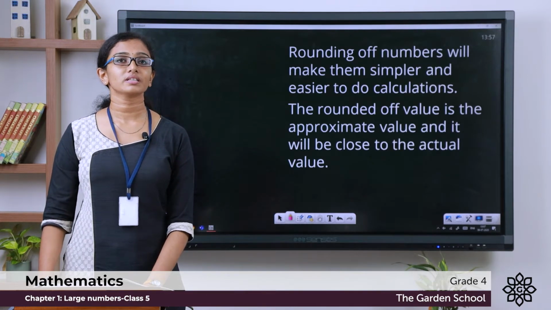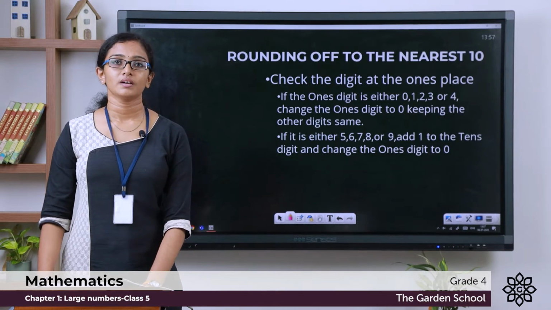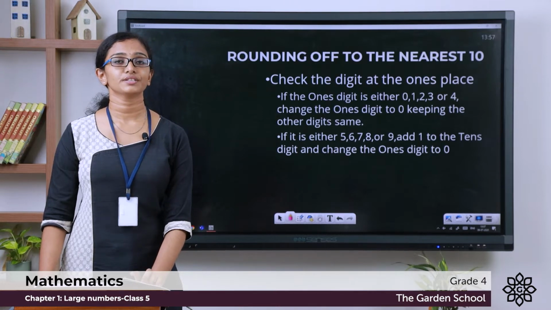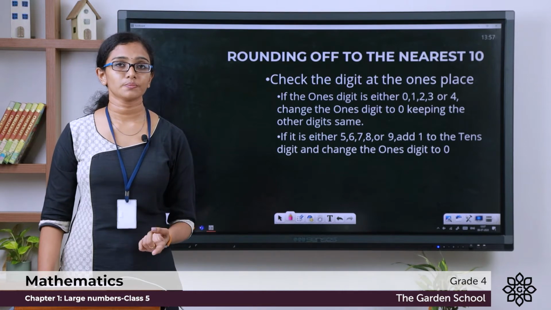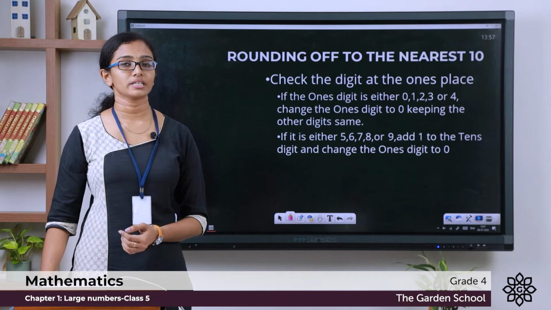So let's see what are the steps involved in rounding off a number to the nearest 10. When you are rounding off a number to the nearest 10, the rounding digit is the tens digit. You have to check the digit in the ones place in this case, which is the digit to the right of the rounding digit.